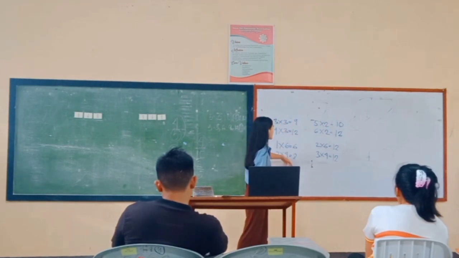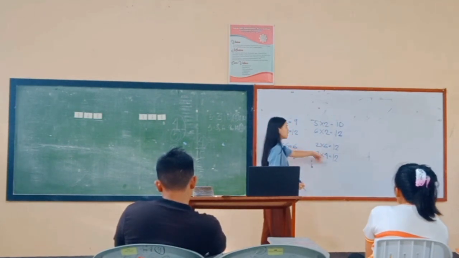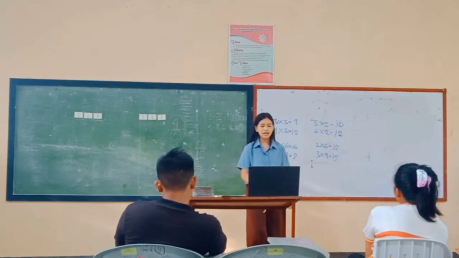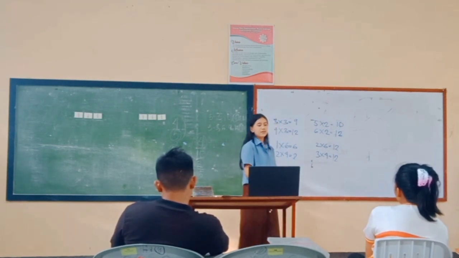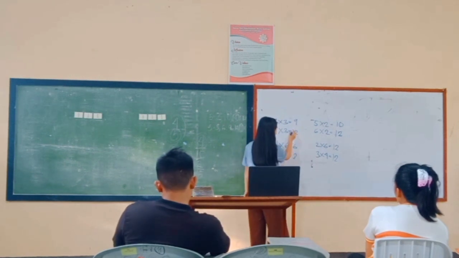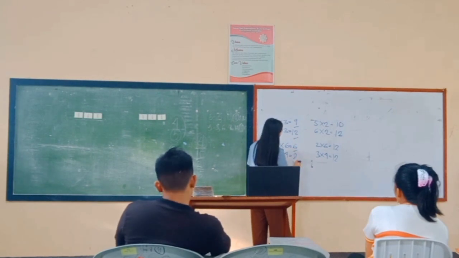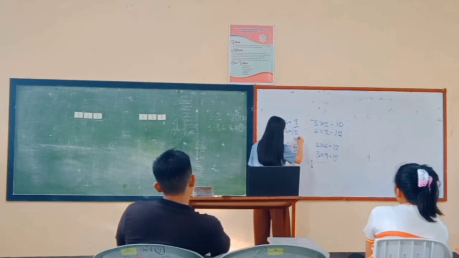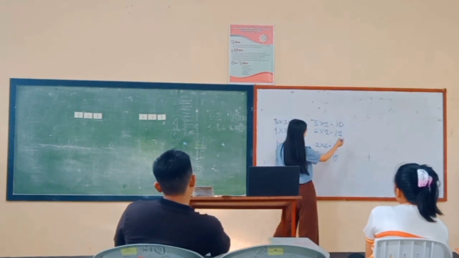9, 12, 6, 8, 10, 12, and so on, class? This one by getting the LCD of the fractions. Okay, so we know that the difference here is the 9, 12, 6, 8, and 10.